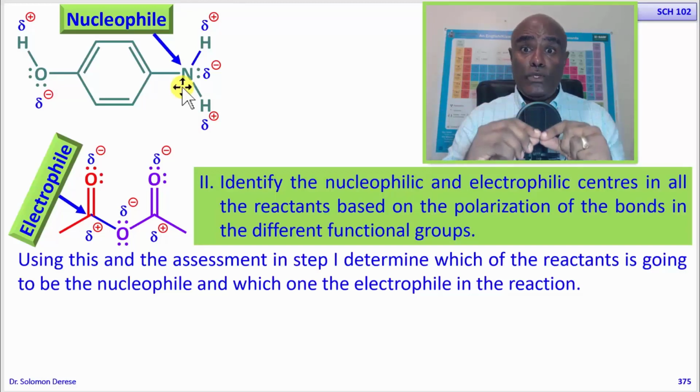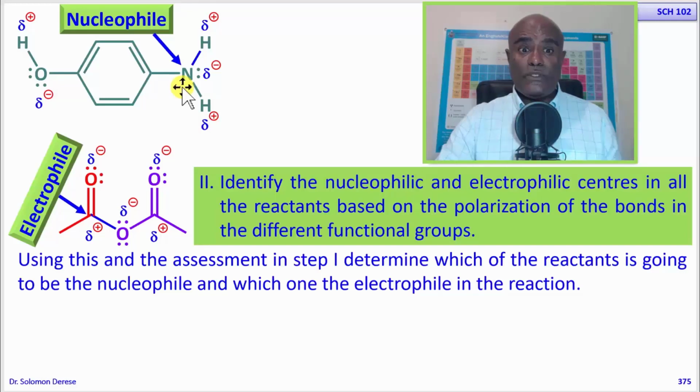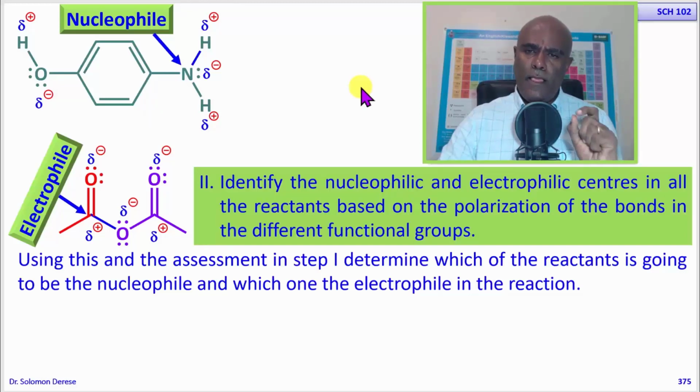So when we don't know the products of the reaction between two reacting species, it is possible for us to predict what the product is going to be. That's why understanding mechanisms is very, very important.